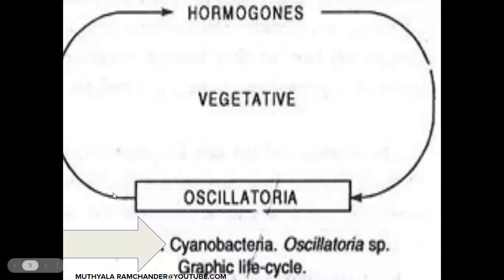The separation discs help in the fragmentation of the Oscillatoria filament. By this fragmentation, a long Oscillatoria filament converts into small fragments, which are called hormogonia.